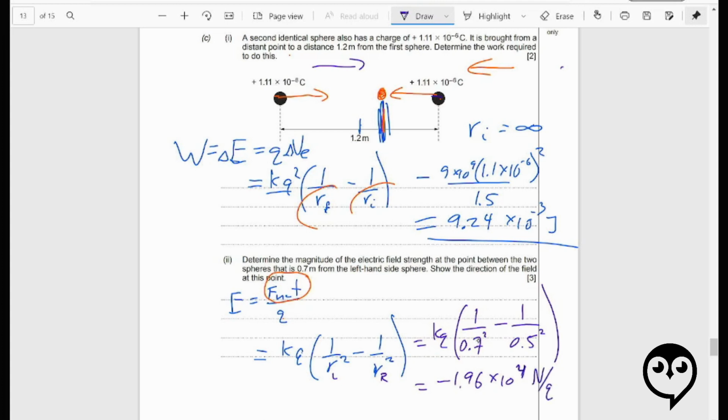Had we plugged in the larger side, saying to the left was positive, we would have had 0.5 minus this. This would not have been positive, but we would have said in our convention that it was to the left. I've just used normal conventions, and that's why my negative says to the left. If you want, you can say it's 1.96 times 10 to the 4 newtons per coulomb to the left.